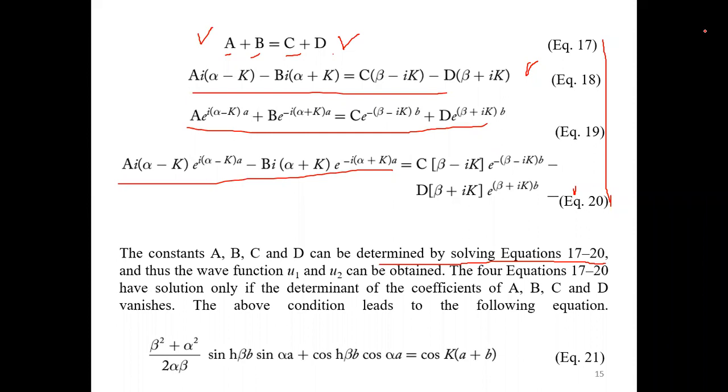These 4 equations, 17 to 20, have a solution only if the determinant of the coefficients of A, B, C, and D vanishes. If you apply this condition that the determinant vanishes, then we will arrive at these equations.